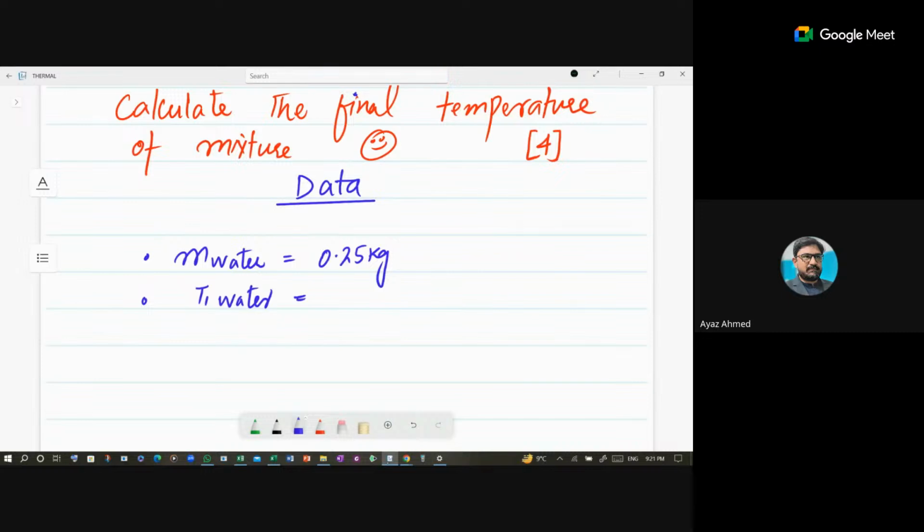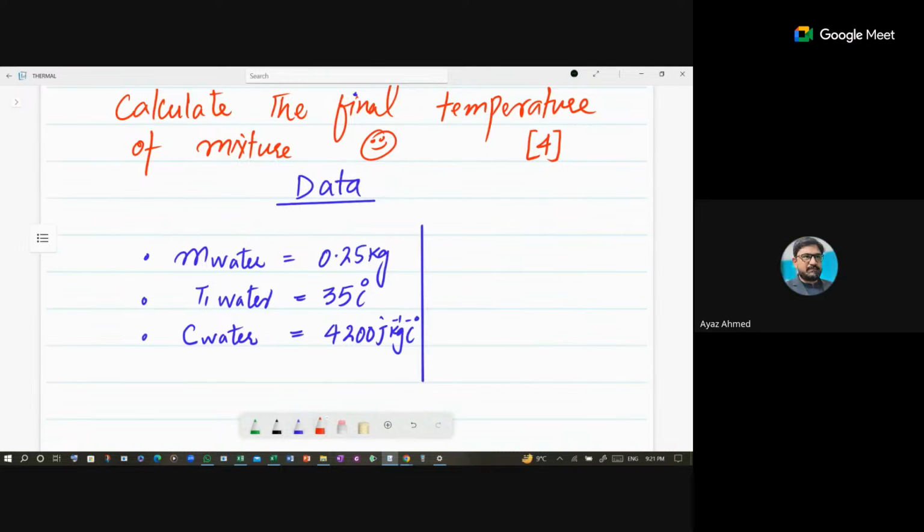What was that? 35 degrees centigrade. I should know the specific heat capacity of water, which was not mentioned in the statement. It is 4200 joules per kg per Kelvin or per degree centigrade. Are you getting this?